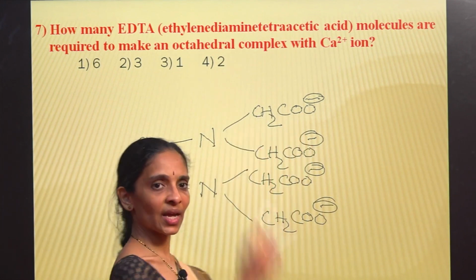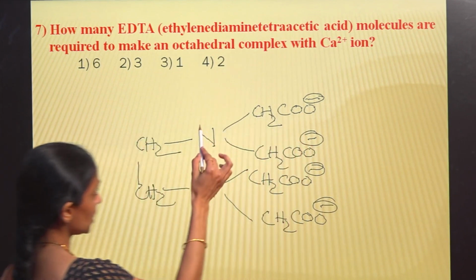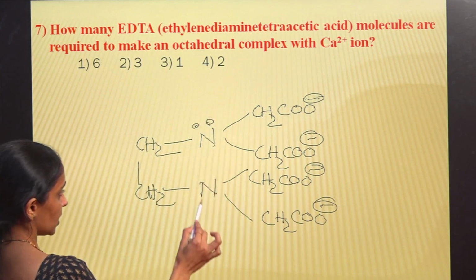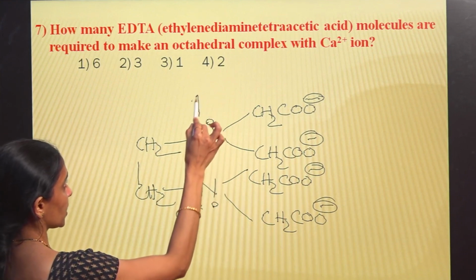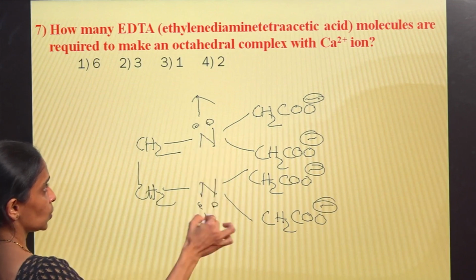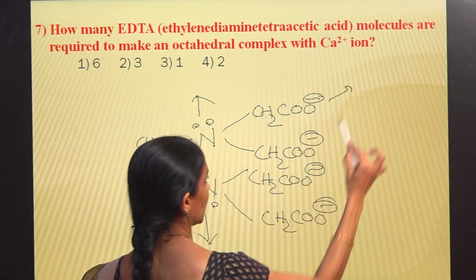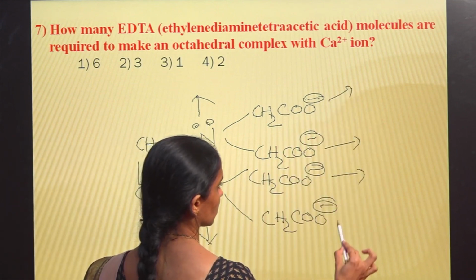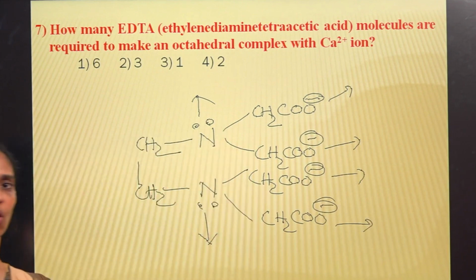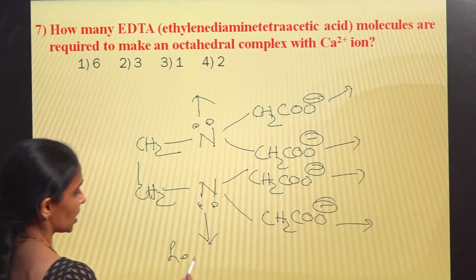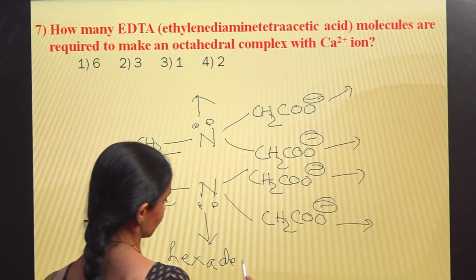Actually, it is tetraacetate. Now, there are actually 6 donor atoms, 2 nitrogens and 4 O minus ions. So EDTA is a hexadentate ligand.